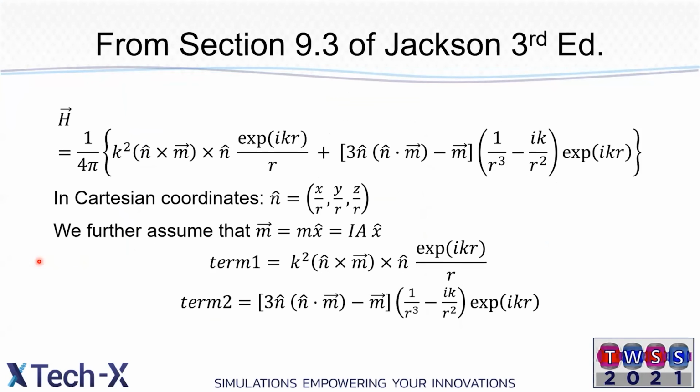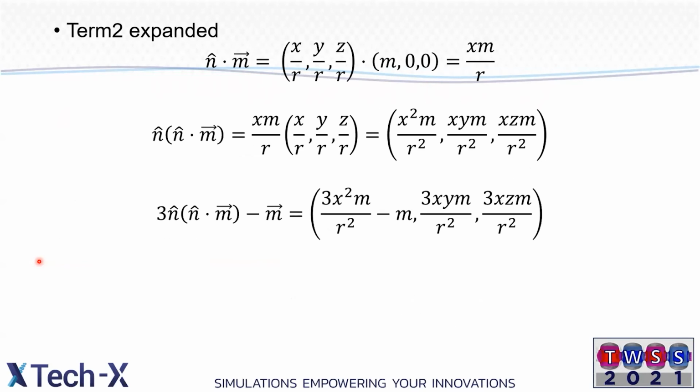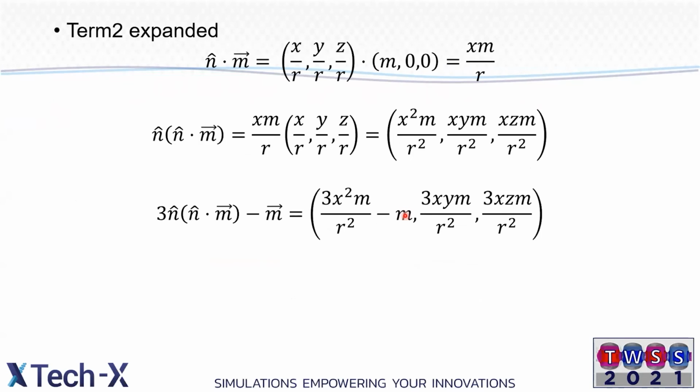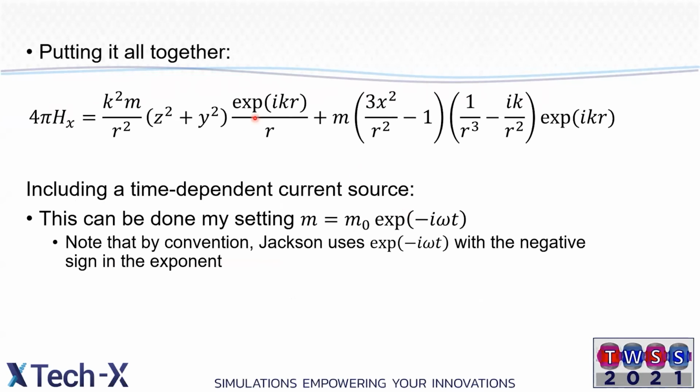So I'm just going to skip through this because it's already 7:15. But in a nutshell, I went ahead and just solved the magnetic dipole equation that's in Jackson. And I just did the special case that the magnetic moment points in the x direction. And if you just go through and do all of the nice math, then you can write down this nice analytic expression for the Hx. And of course, you could do the other two components just as easily.